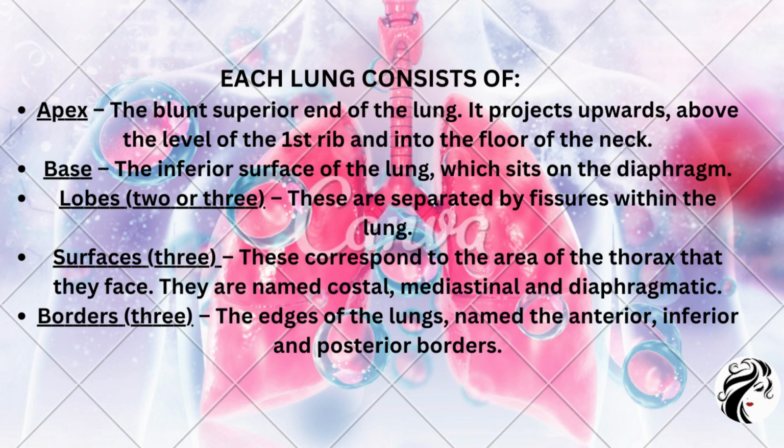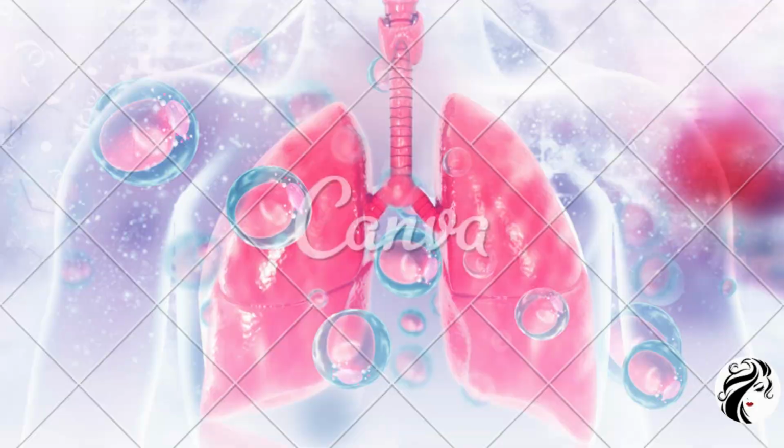In the left lung we have two lobes, and in the right lung we have three lobes. The surfaces correspond to the areas of the thorax that they face. They are named the costal, mediastinal and diaphragmatic surfaces. The borders, the edges of the lungs, are named the anterior border, inferior border and posterior border. All these structures we will discuss in our coming slides.